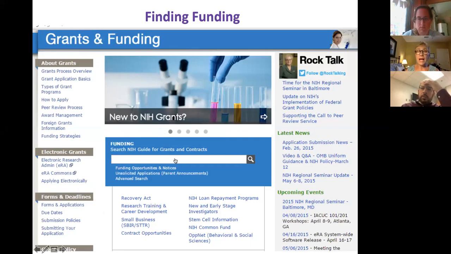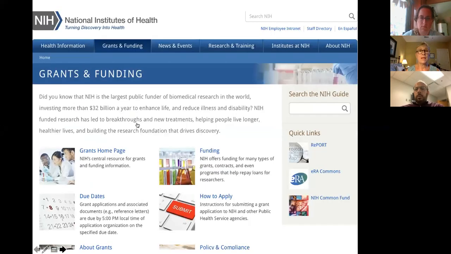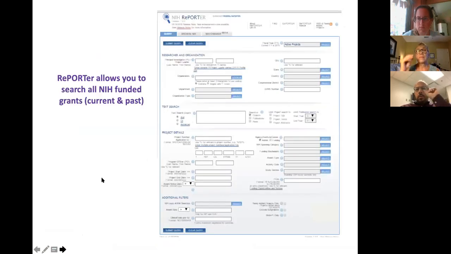So again, on the guide, you can find, based on your keywords or the types of funding, the announcements. So homepage, due date, and so on. But some of you might want to look at something else before you go to pull up the funding announcement.